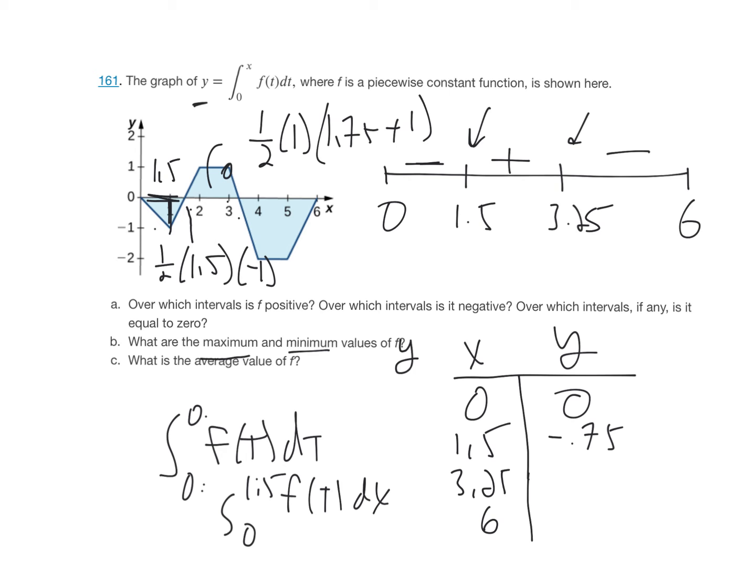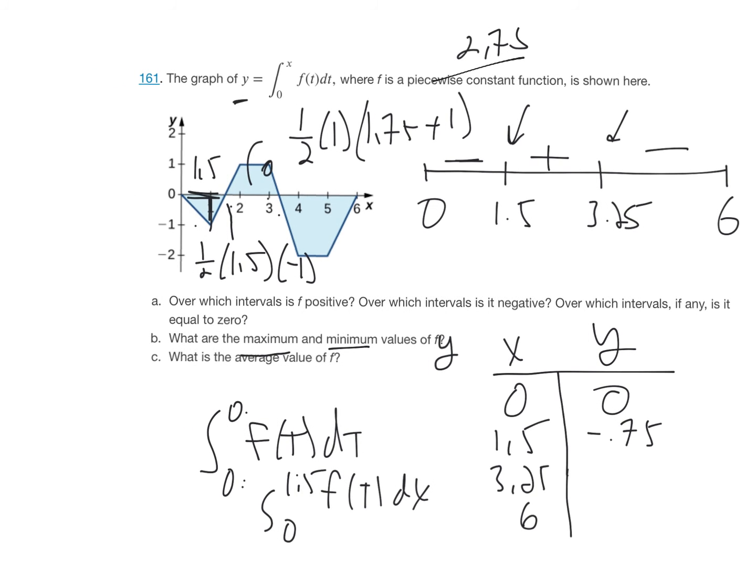So what is that? That is 2.75 times 1 divided by 2. What is that? 1.375. So 1.375, and then of course the endpoint.